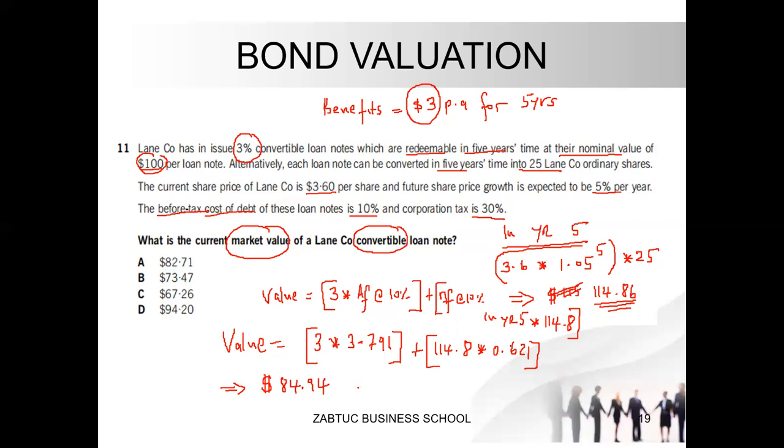Somebody gets something. What do you get? 82.66. Okay. All right. So yes, that's correct.